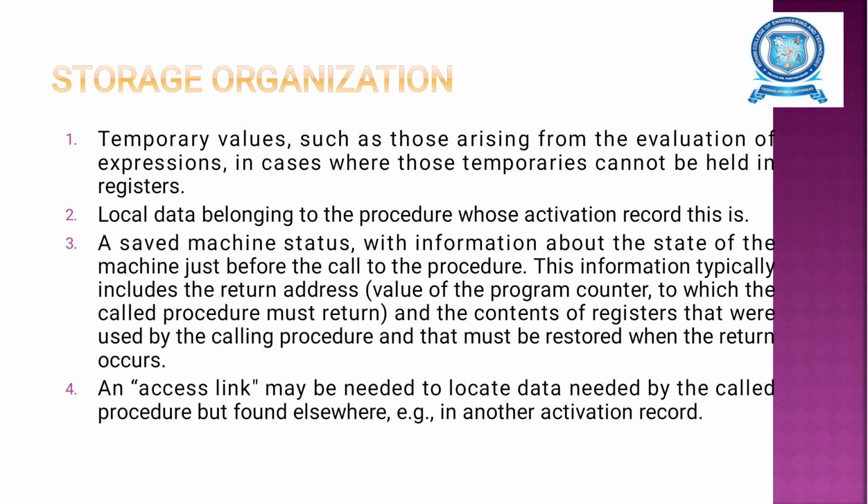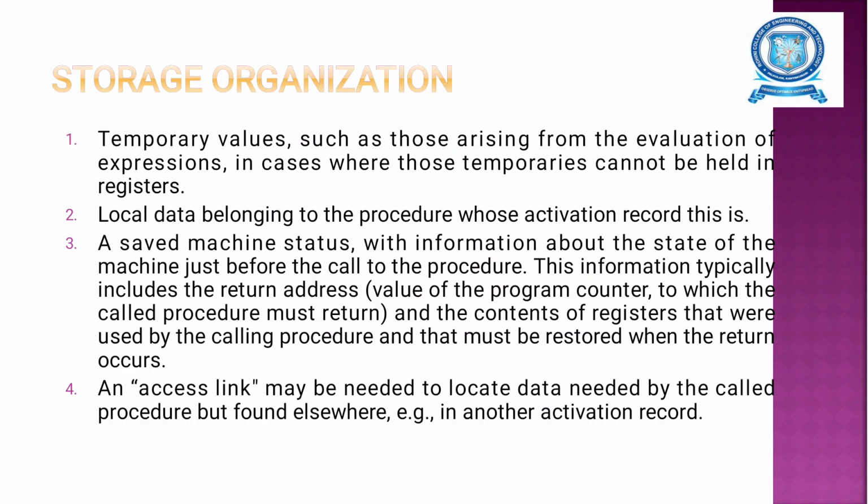If the main function has one activation record and three subfunctions, there are three different activation records. The activation records hold information about temporary variables, local data, and also the saved machine status and the access link.